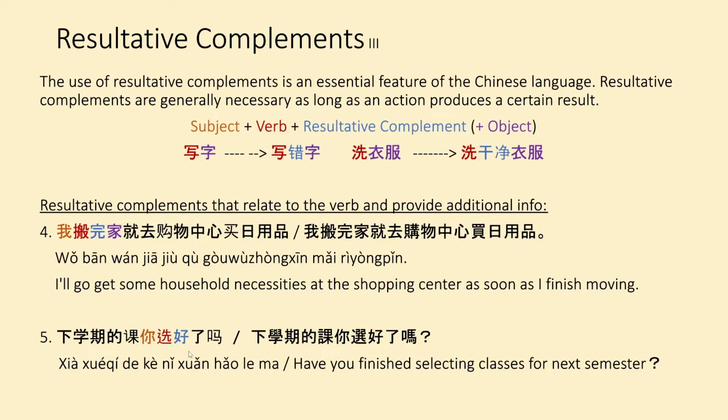So here 好 sort of indicates like properly choosing classes, properly finishing the action of choosing classes. So 下学期的课你选好了吗?